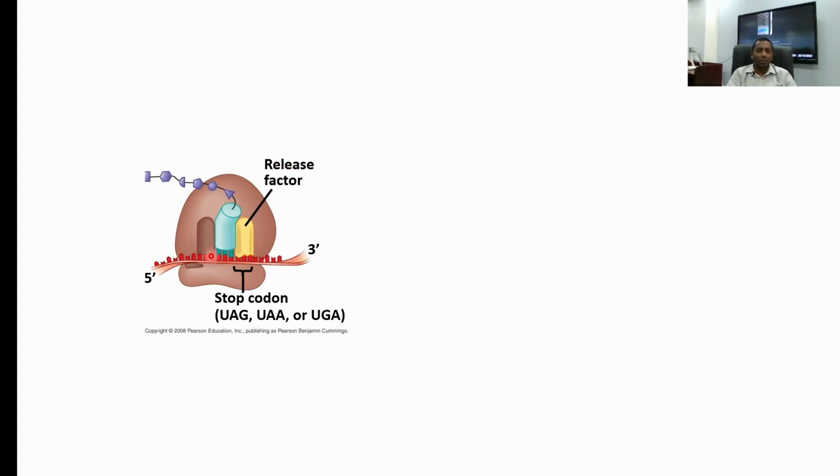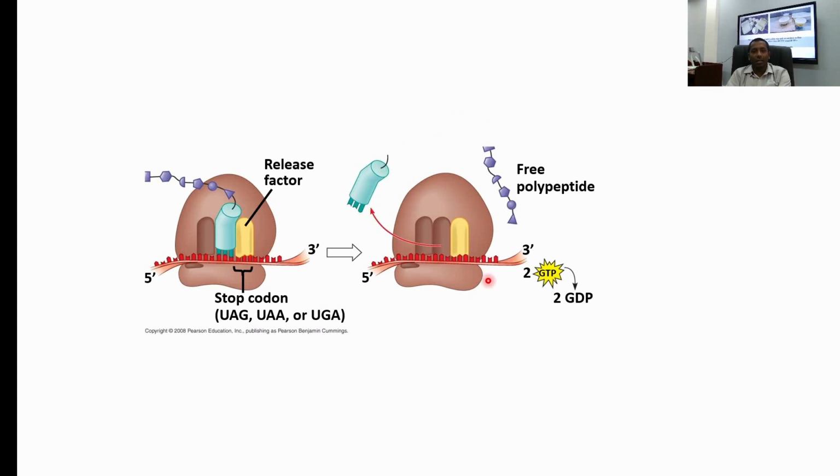So once the stop codon is reached, there are 3 stop codons: UAG, UAA, or UGA. Instead of an amino acid, the release factor adds a water molecule, terminating or freeing the polypeptide chain.